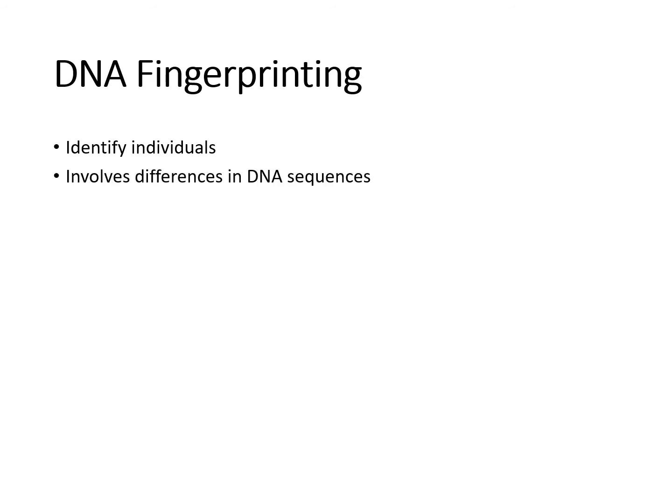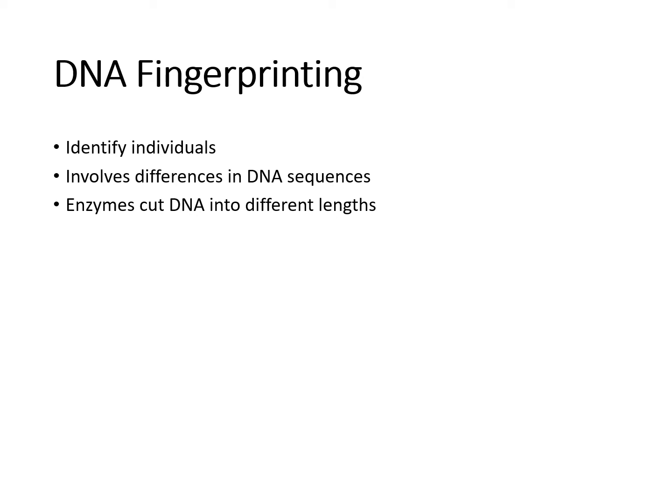DNA is also involved in a lot of different processes involved in biotechnology, one of which is DNA fingerprinting. DNA fingerprinting is used to identify individuals from each other, and it involves differences in the DNA sequences that different individuals have.